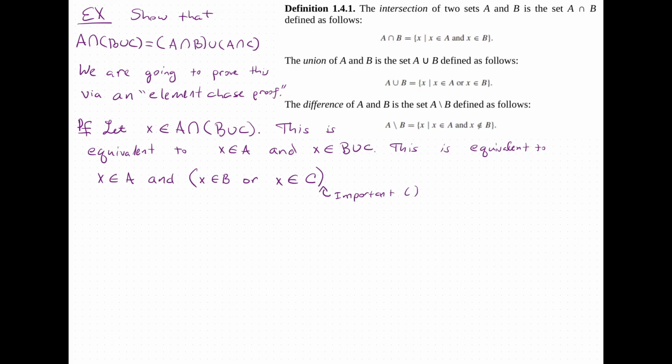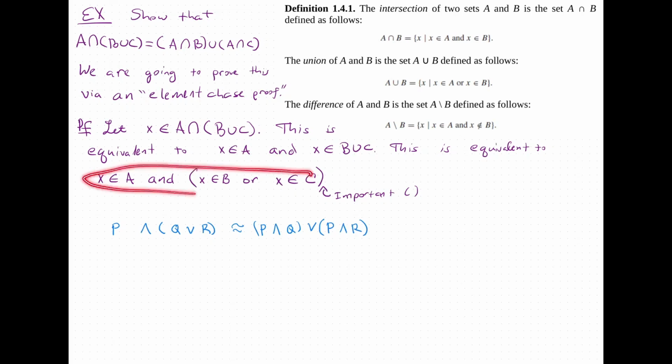Now observe that what we have is essentially a statement of the form P and parentheses Q or R. And we have seen that this is equivalent by the distributive property to P and Q, parentheses, or P and R. And so now what we end up getting is that this statement here is equivalent to the following.